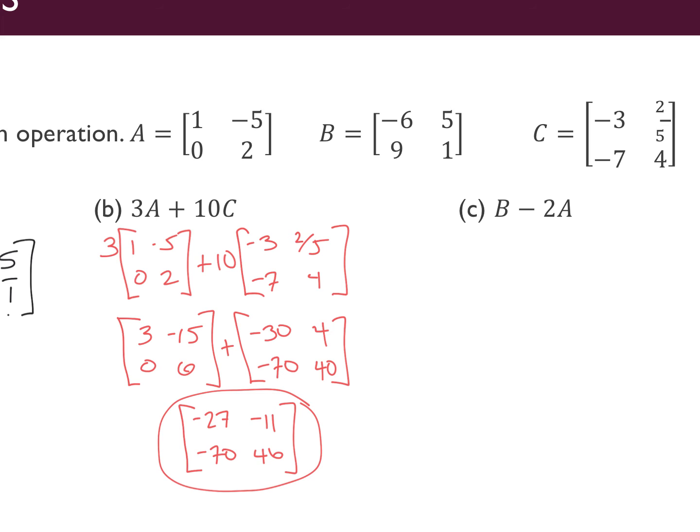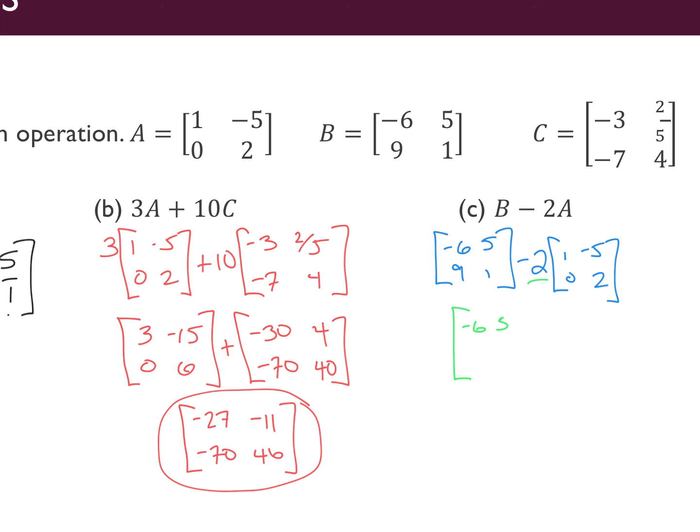If we look at letter C, notice we're going to start with matrix B. And this time we'll subtract 2 times A. Okay, now it's important that we distribute the negative 2 throughout the second matrix, and then we can add like terms.